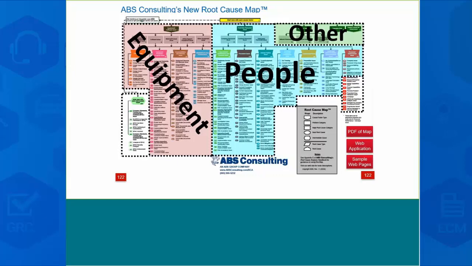There are a couple of catch-alls at the top for natural phenomena and a few other things that are rarely used. There's a section on the map where people have personal performance issues. So again, things like horseplay, drug use, things that you and your company can't control.